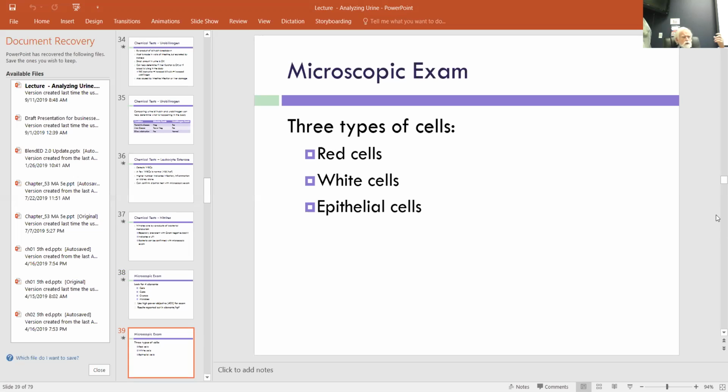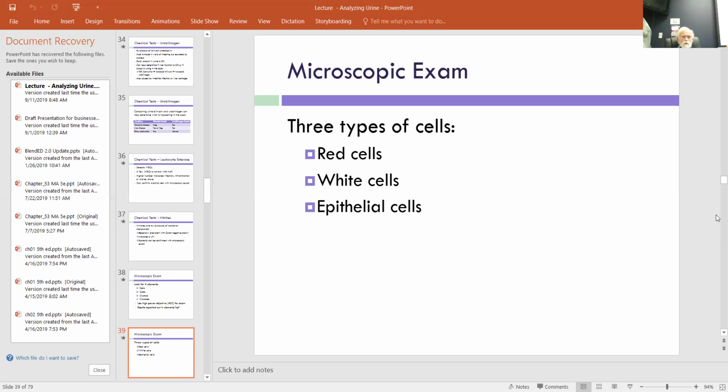In many cases, you won't actually do a microscopic analysis if you're working in a clinic, unless you see evidence of infection or blood or something that's different on the chemical testing.